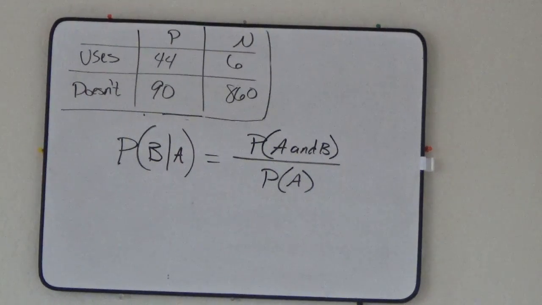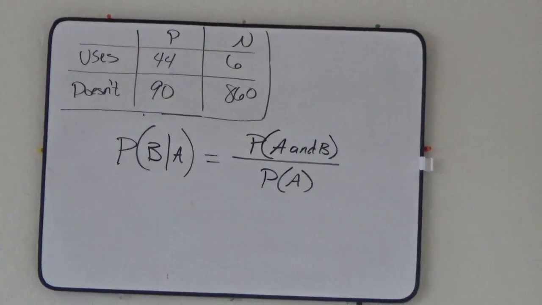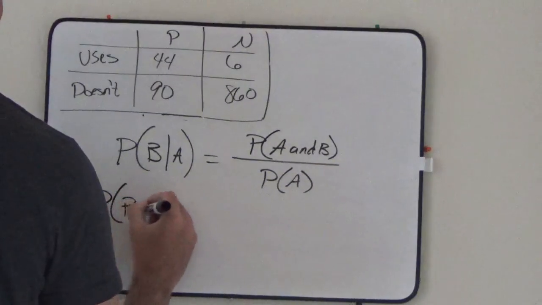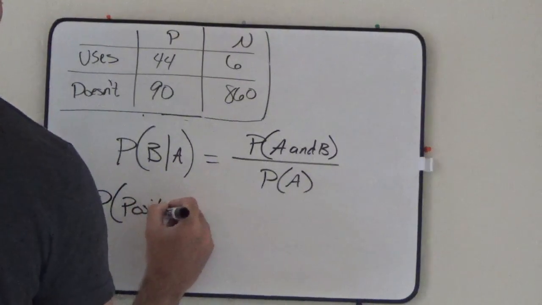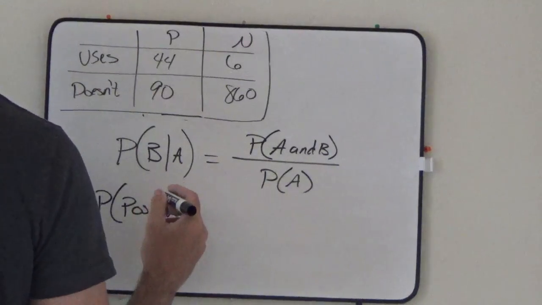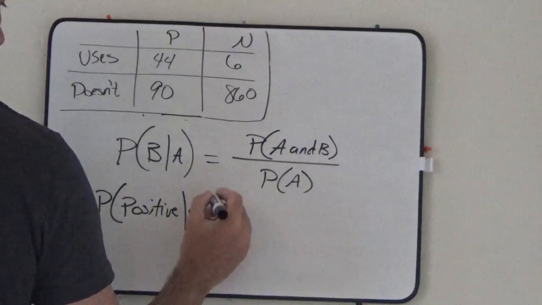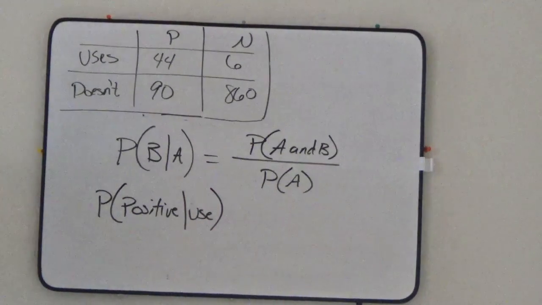Okay, so here we go. We want to find the probability that the subject had a positive result given that that subject uses drugs. So we want the probability of positive knowing that that person does use. Okay?